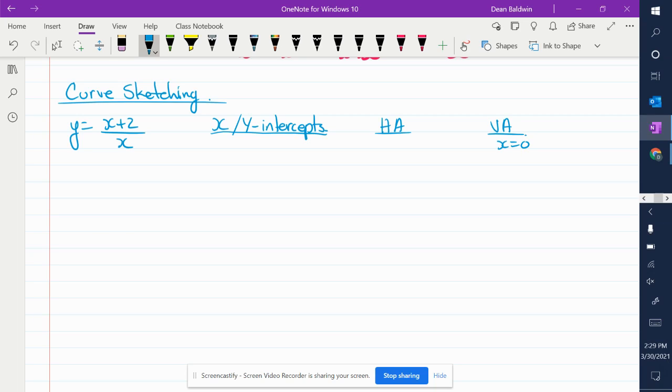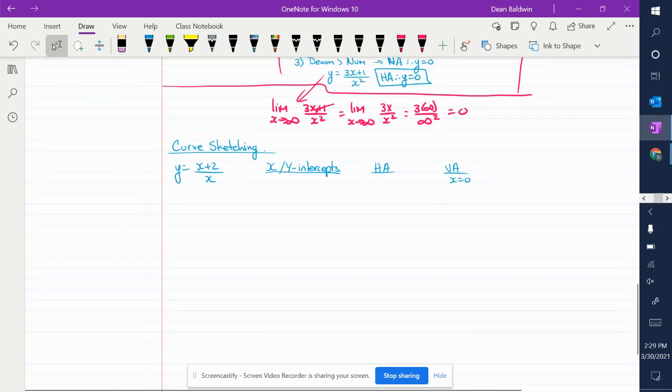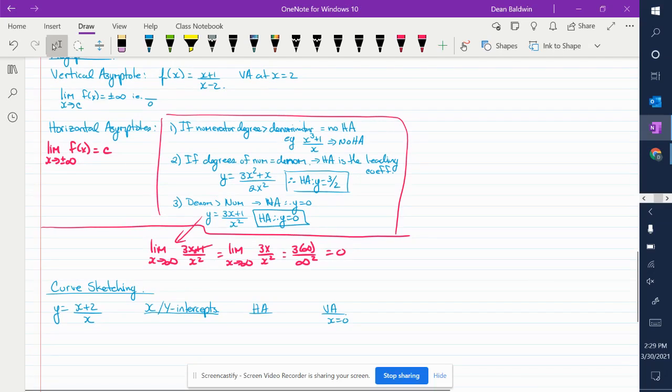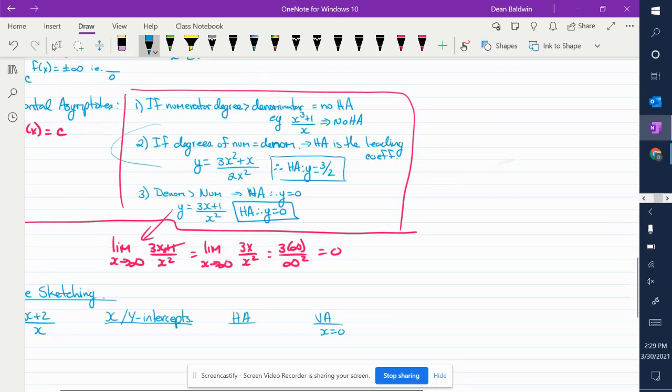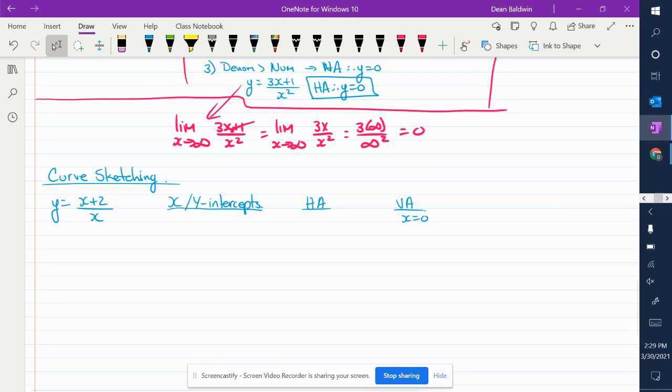What's the horizontal? 1, right? So what's the degree of the top? 1. What's the degree of the bottom? 1. So it's the second rule here. So it's just y is equal to 1.